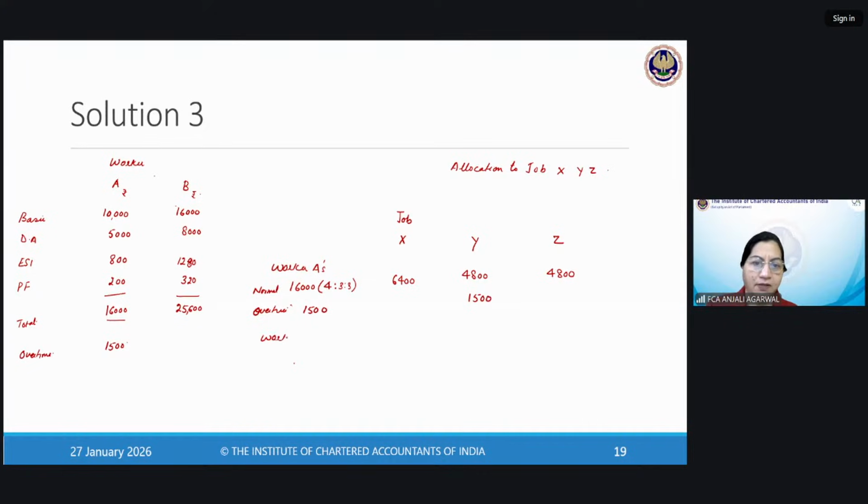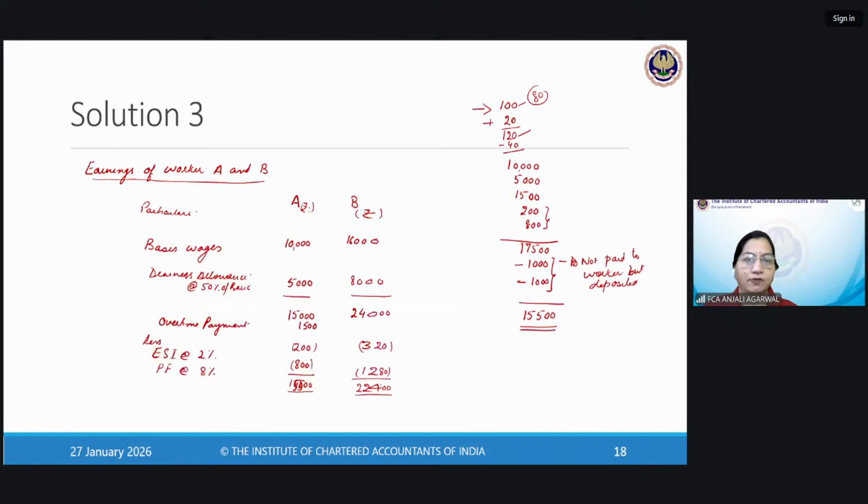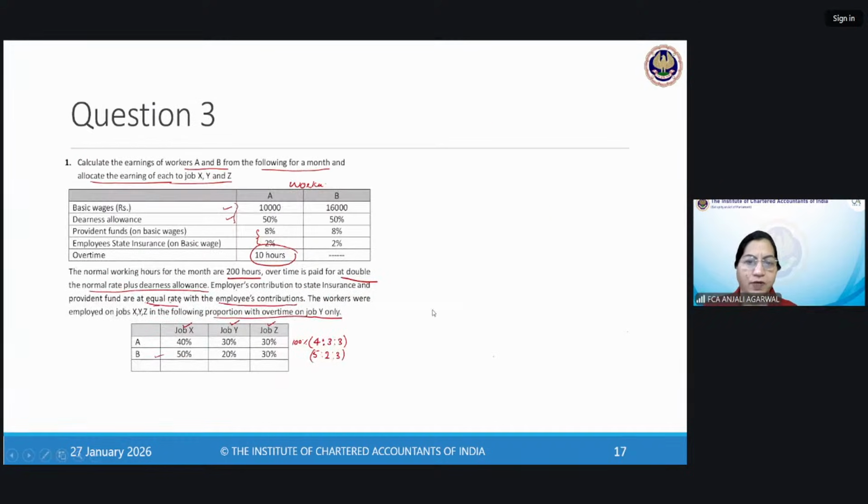Allocating worker B, wages 25,600 in the ratio of 5 to 3.